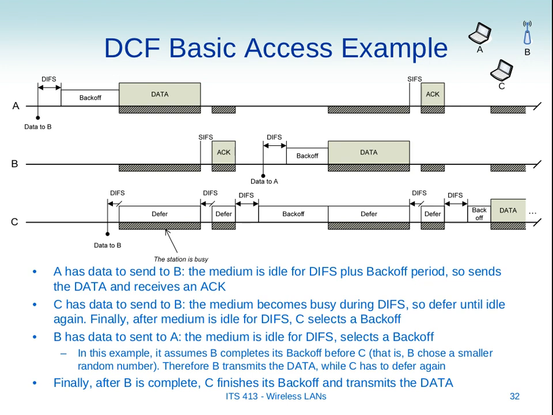The medium is busy now because A is transmitting. So these grey boxes indicate whether the medium is busy or not. If there's a grey box there, from that station's perspective, it's busy. In fact, A is transmitting, B is receiving.